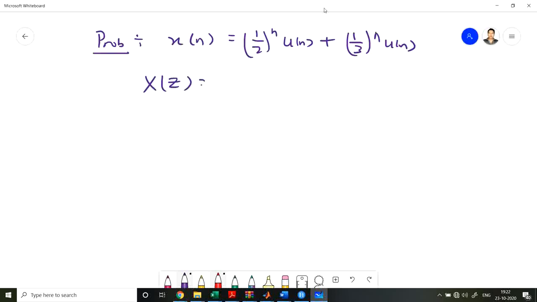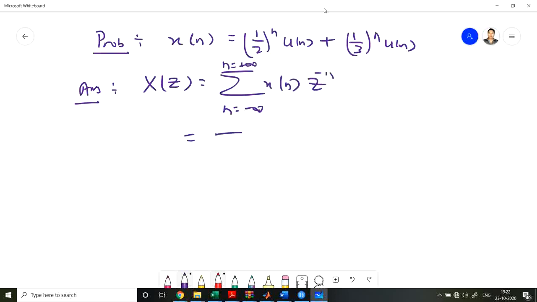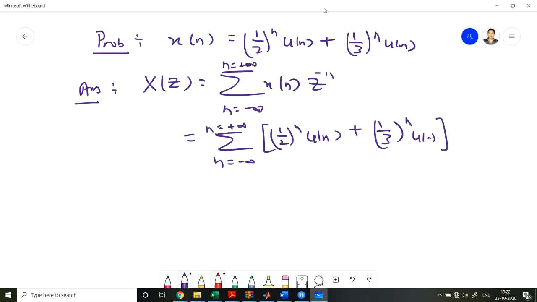X(z) is given as the summation from n equals minus infinity to plus infinity of x[n] z raised to the power minus n, and it is equal to the summation from n equals minus infinity to plus infinity of (1/2) raised to the power n u[n] plus (1/3) raised to the power n u[n], times z raised to the power minus n.